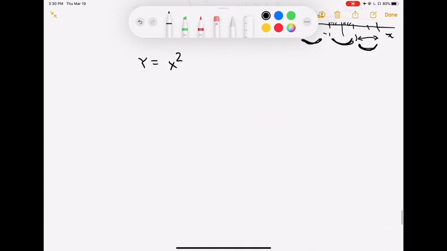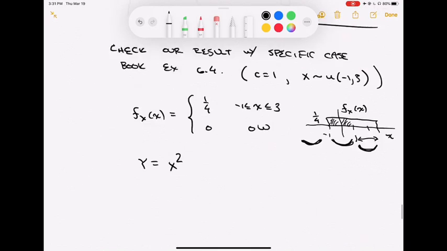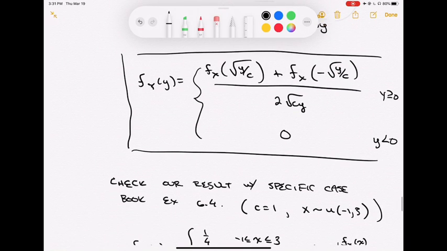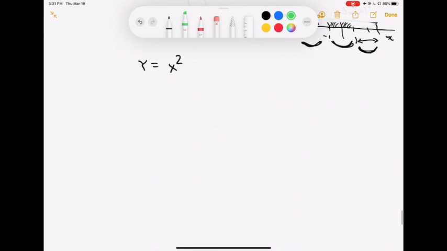So let's see what we can do with this. Going back to the general result we got, we knew that we needed an f_X of root y by c, and we need an f_X of minus root y by c, and then we have that overall scale factor going on in there as well. So the first thing that I need to make sure I've got is f_X of root y by c, but c is just 1, so that's root y.